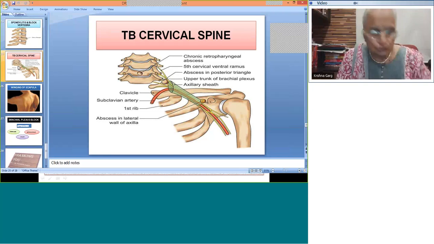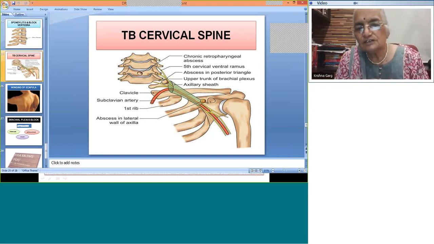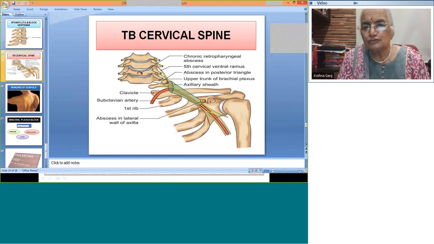Now we come to a condition which is known as tuberculosis of the cervical spine. Tuberculosis in our country is very, very rampant. The nerve roots are coming from the intervertebral foramen. They form the roots and the trunks, and they are enclosed in an axillary sheath with the subclavian artery.